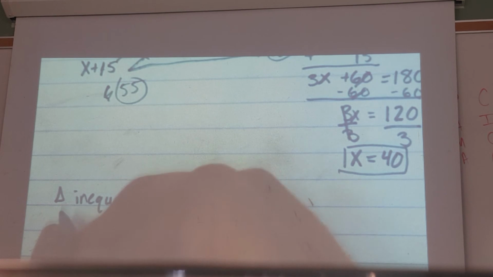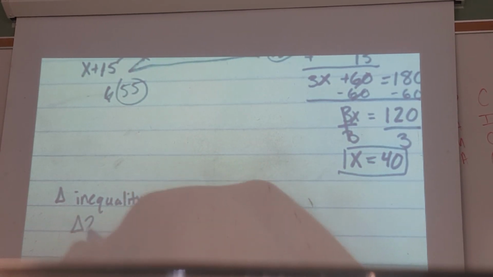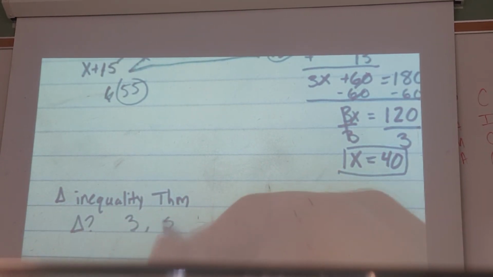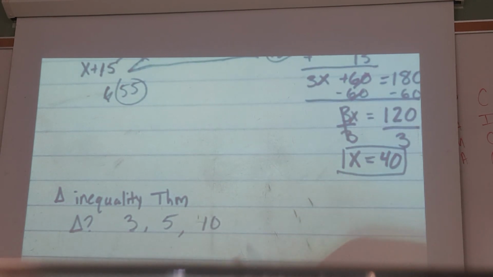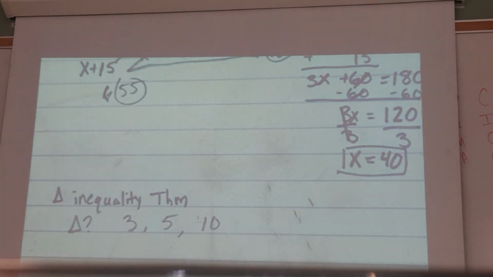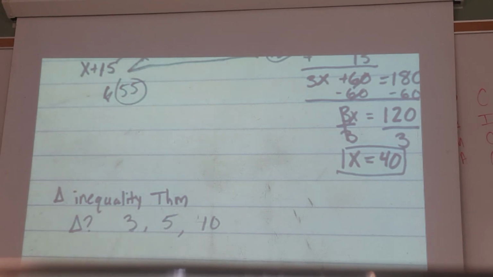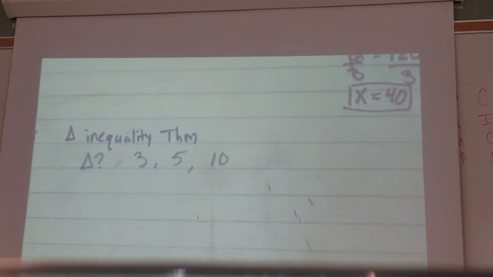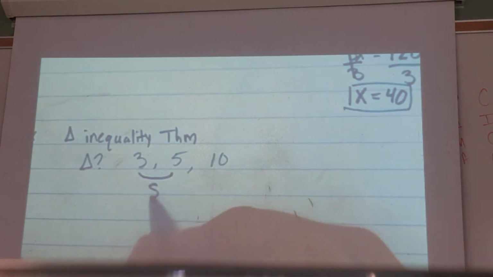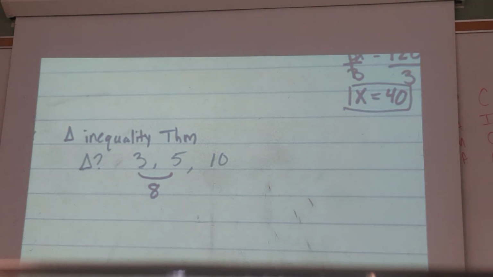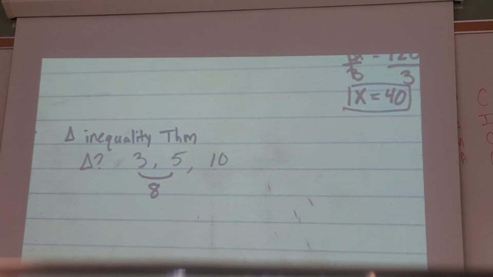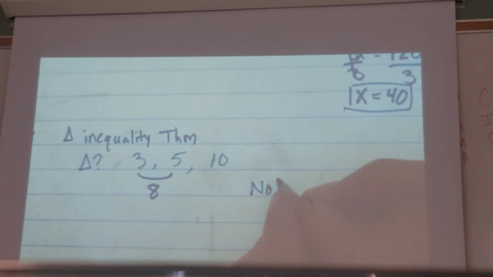So one of your questions is going to be: can a triangle with sides 3, 5, and 10 exist? I told you to take the two smallest sides and add them together. 3 and 5 give me 8. Is 8 greater than 10? If the answer is no, then this is not a triangle.